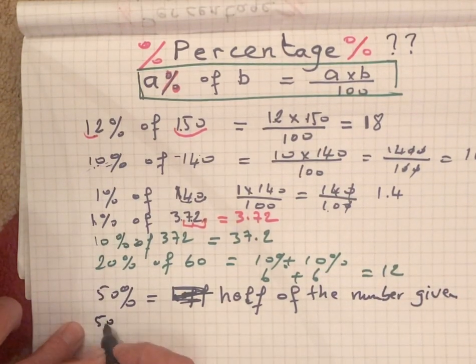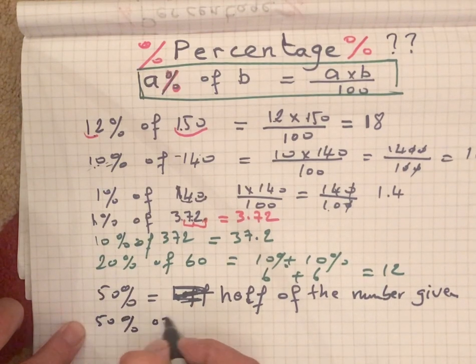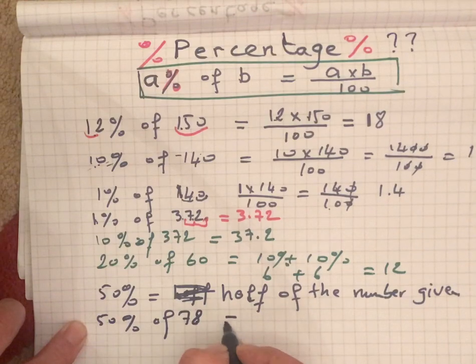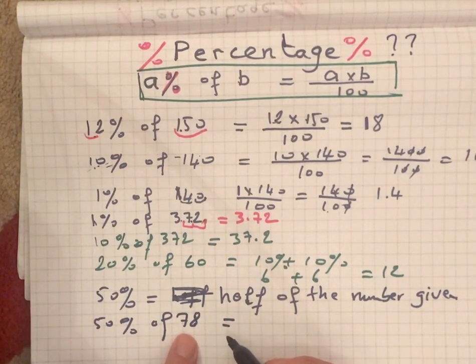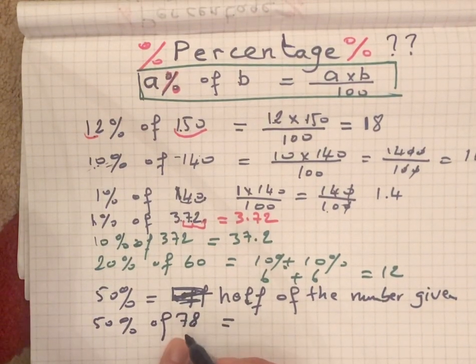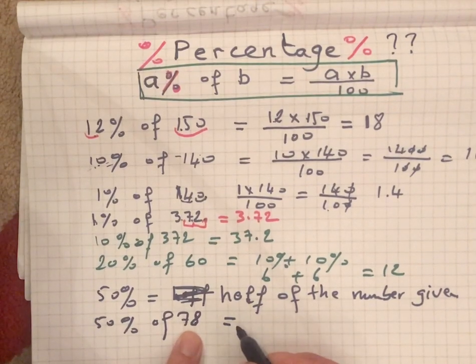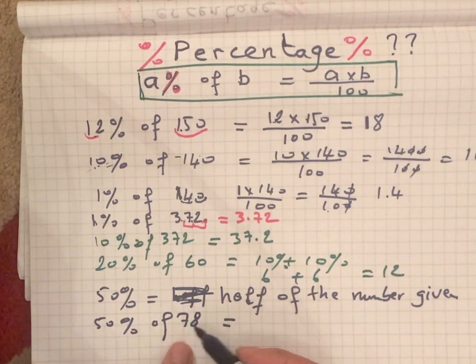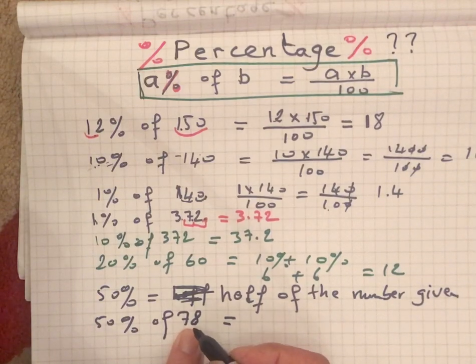Example, 50% of 78. So 78 divided by 2, half of 78. My mind is lost. 78 divided by 2.